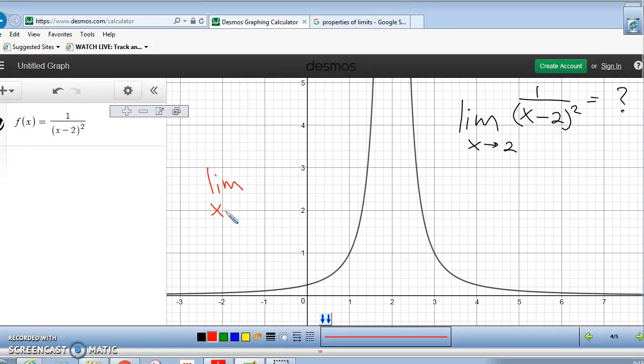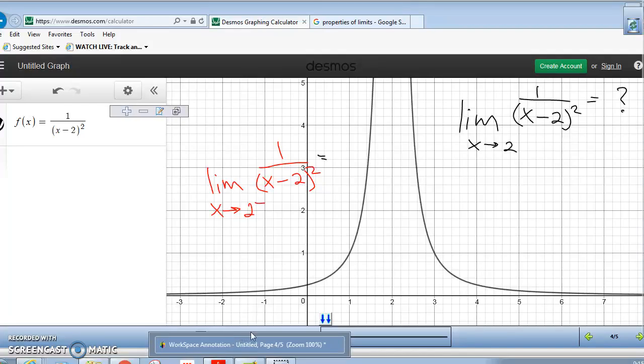So the limit as x approaches 2 from the negative side of this function. Okay, that's one thing we need to consider. So what does that equal?